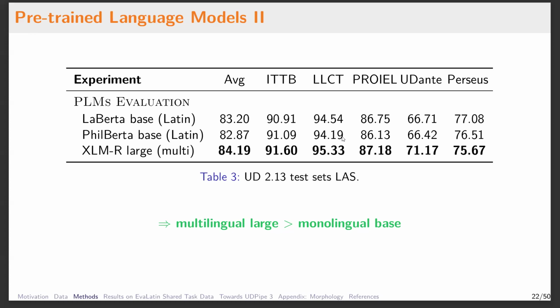You can see that going from base, even though it was a monolingual specifically trained Latin model, to multilingual but large is beneficial. So the moral of the story here is multilingual large is better than monolingual base. Capacity is better than specificity.